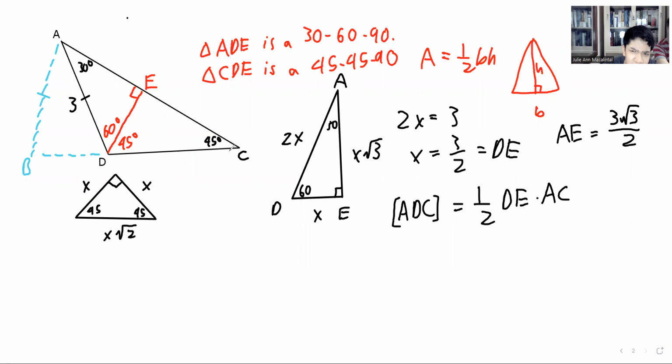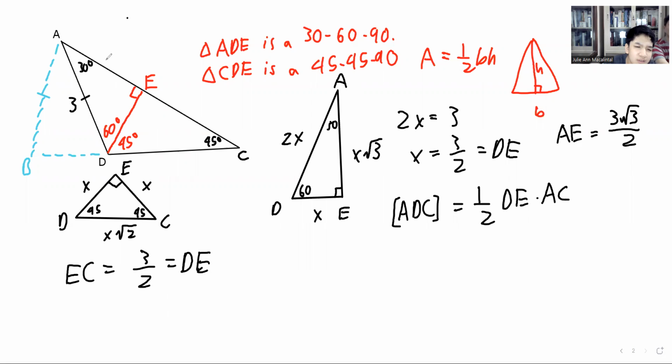You just use the Pythagorean theorem. We already know what x is here. x is indeed DE. This is D, E, C. So DE is 3 halves. So EC equals 3 halves too, which is also DE.